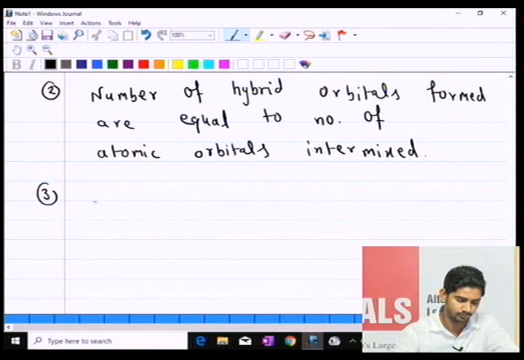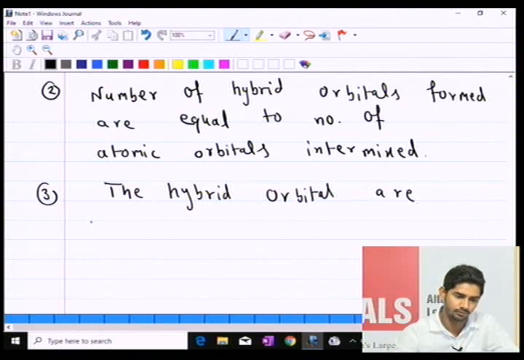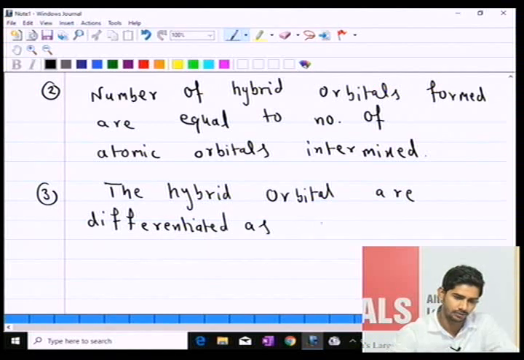Next, the hybrid orbitals are differentiated as sp, sp2, sp3, etc.